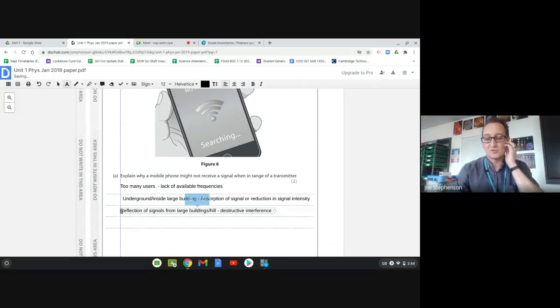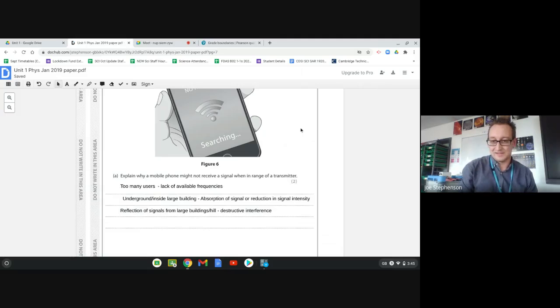So if you're going to talk about interference in this case, you need to think about the fact that waves are coming in alongside all the waves that are coming from the mast. So there are a number of different ways that you can pick up 2 marks here, and they're all acceptable. That's essentially 6 marks there, but you can't get 6 marks because obviously it's a 2-mark question.